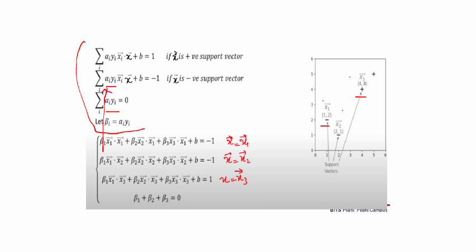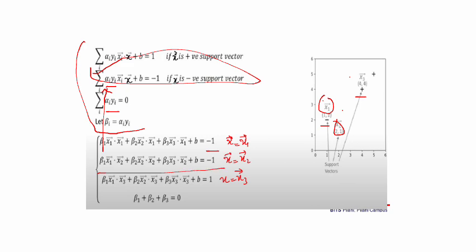So basically, let's do the equation for x equal to x1, right? Because it's on the minus side, this minus 1 comes here. So you're taking the second equation over here and expanding the summation, which is b1 x1 dot x1 plus b2 x2 dot x1 plus b3 x3 dot x1 plus b is equal to minus 1. Likewise, you do it for x2 as well and expand this equation.